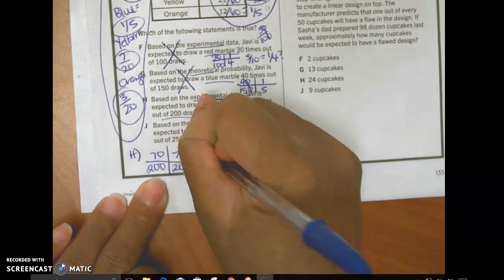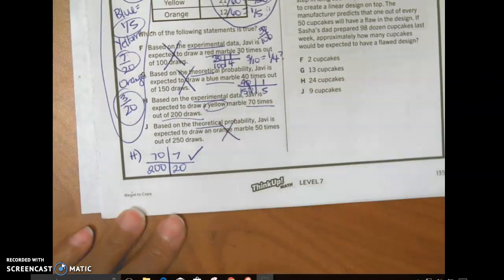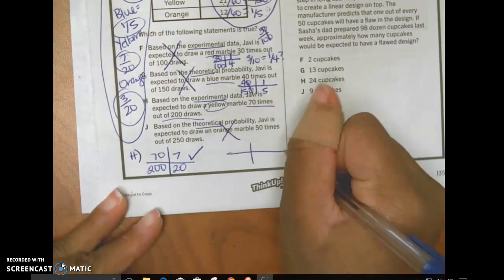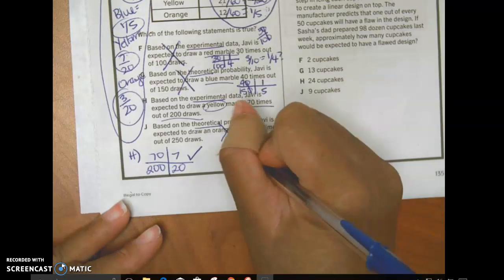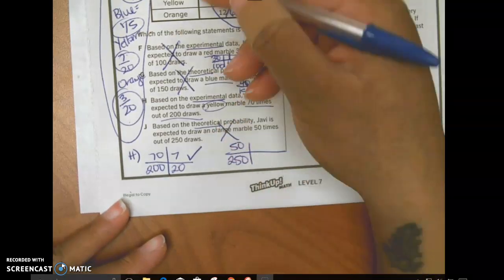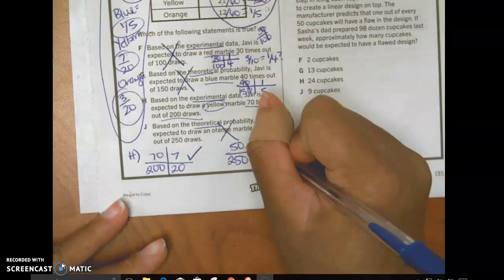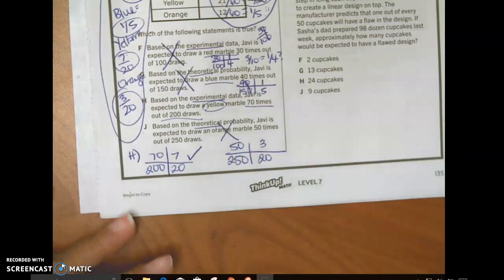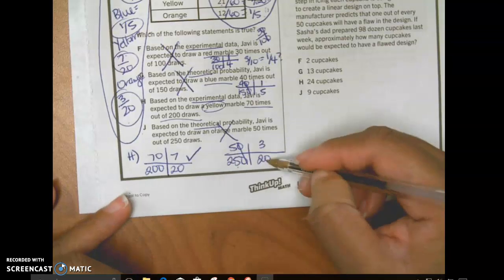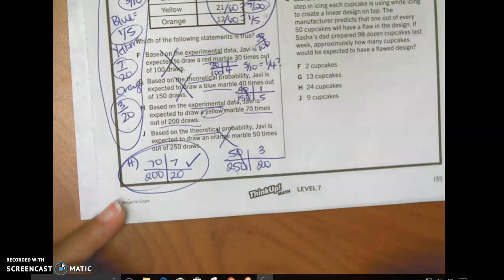So this is the correct answer. Okay, I don't even need to go to J because I found my answer. Let's double check though, because I think there were 2 answers for this question as well. Think Up Math likes to throw us off. All right, so theoretical, orange, 3/20ths. No, it's not going to work because this will be 1/5, and that is not the same as 3/20ths. So here's my answer.